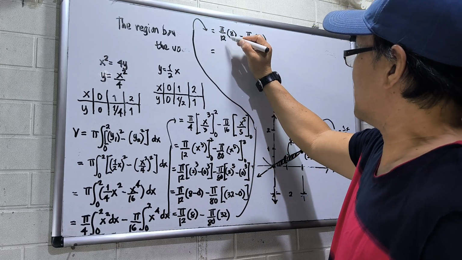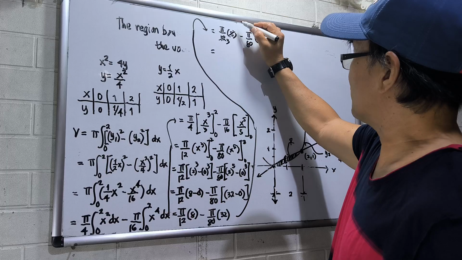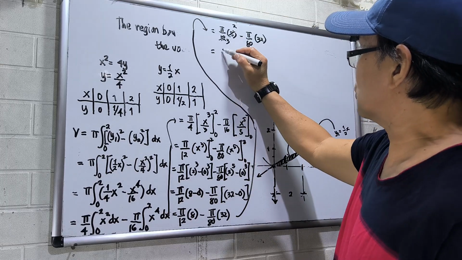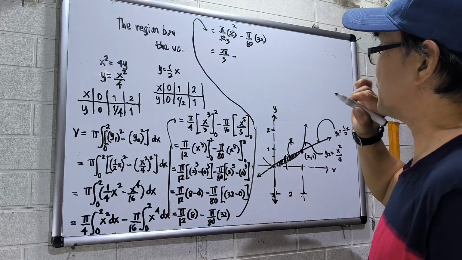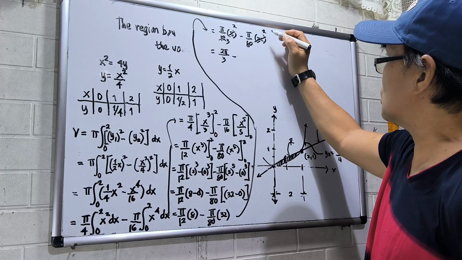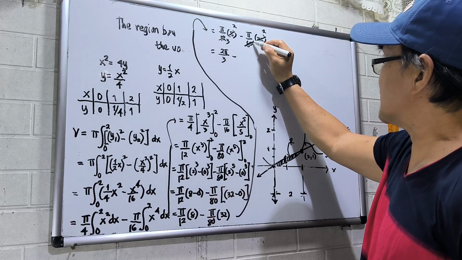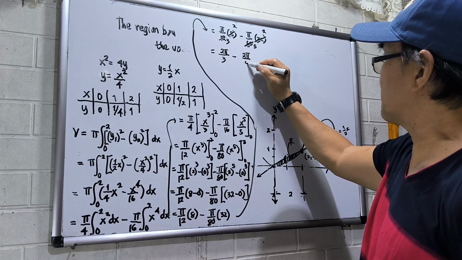Okay, so this will be divide by 4, this is 3, divide by 4, that is 2. So I have now 2 pi over 3, then minus. This one divide by 16, this is 2. Divide by 16, this is 5. So I have now 2 pi over 5.